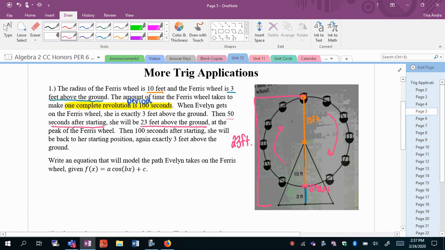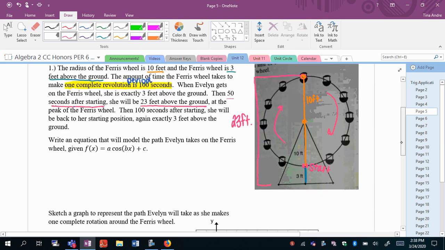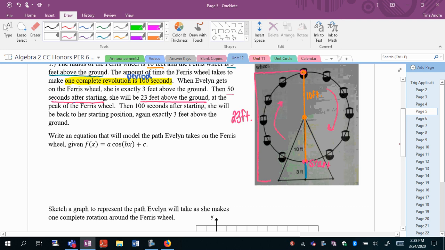We're going to use this Ferris wheel and think about it as cyclic. It's going to keep going around and around, which really means it's going to produce a sine or cosine curve. So how is this going to relate to that graph? What's interesting is we're starting down here at the bottom, instead of normally when we start at 0 degrees or 0 radians to graph.